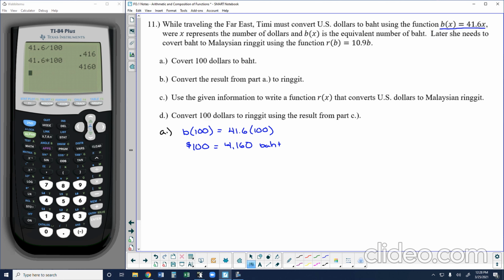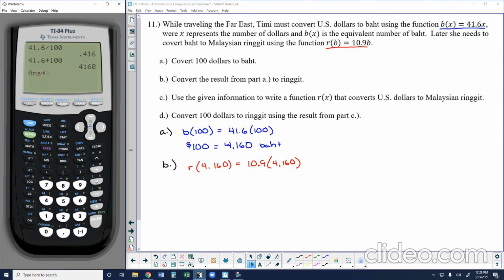Now in B, we then want to convert the result from part A to ringgit. So we can use this conversion function here where we convert baht to ringgit. So we want r of b, or r of 4,160 baht, which would be 10.9 times 4,160.